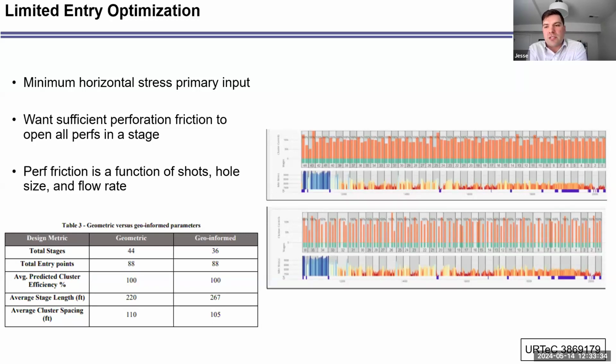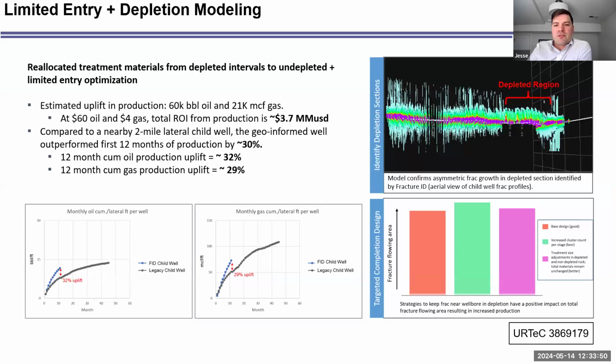They don't change the hole size or the flow rate or anything of that nature. So they were able to basically recover part of the cost of using the service immediately by pumping less stages, having a faster completions job.